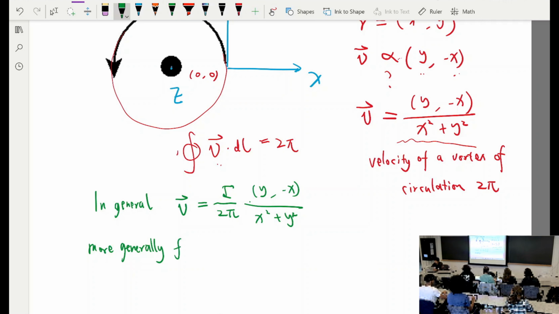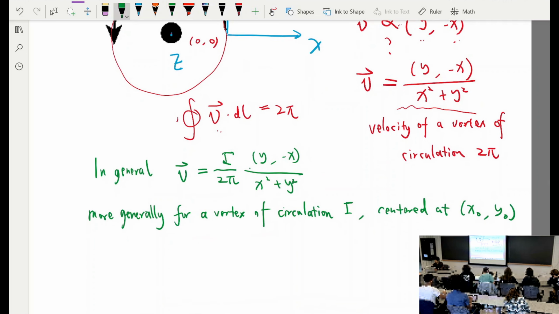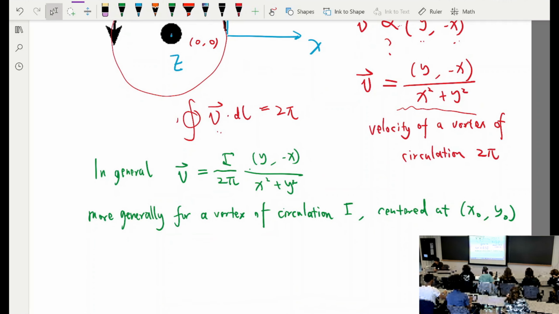So for a vortex of circulation, sometimes we also call it strength, gamma, centered at x0 and y0, what is the velocity field induced by the vortex?